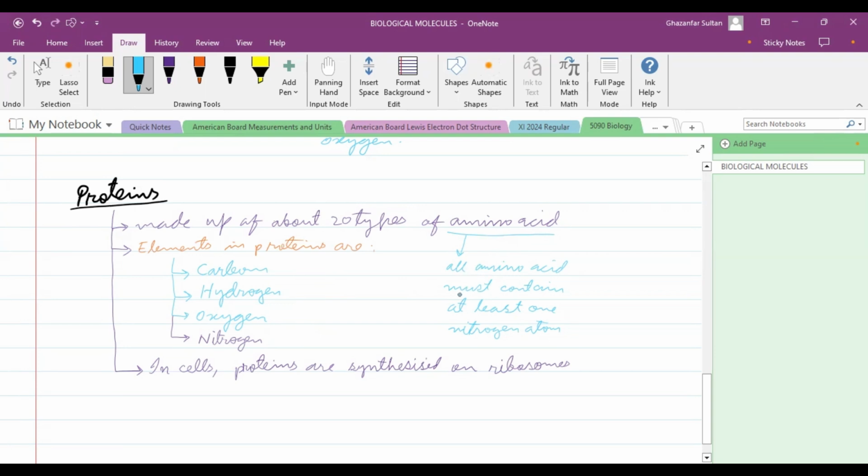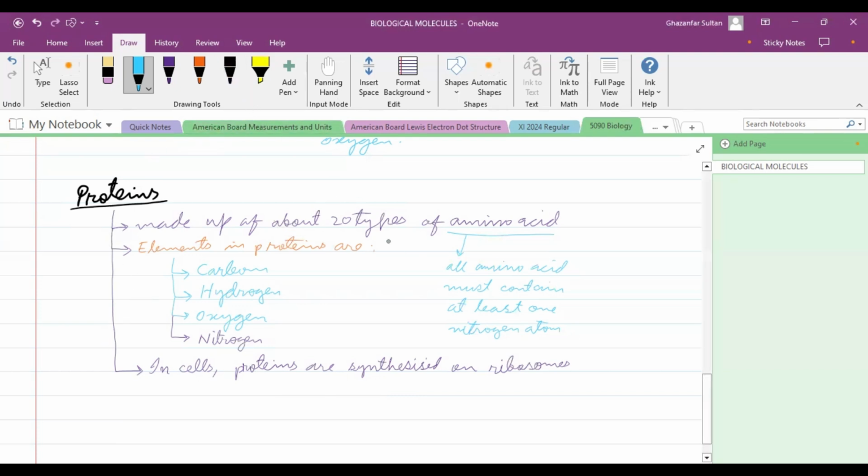All the amino acids must contain at least one nitrogen atom. Some amino acids may comprise more than one nitrogen. So the last point that we have here is that in cells, proteins are synthesized on ribosomes.